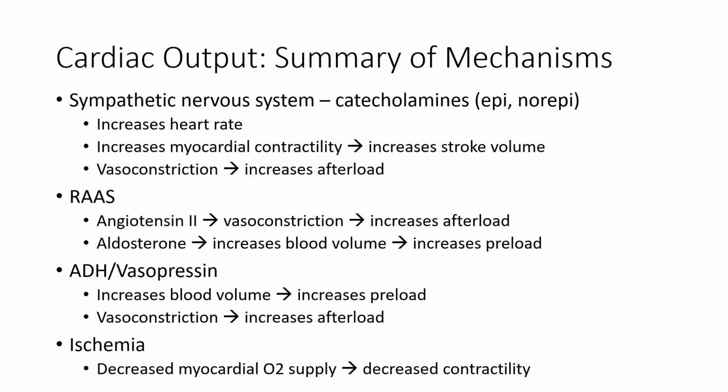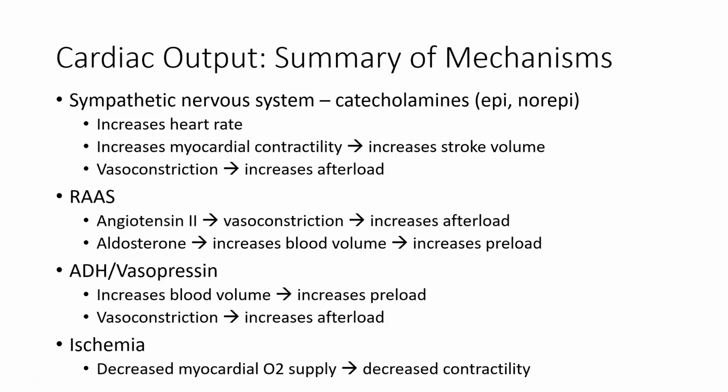So the sympathetic nervous system can increase cardiac output through increasing heart rate and increasing contractility. The sympathetic nervous system can also increase peripheral vascular resistance through vasoconstriction. And so this will increase our afterload, or how hard that ventricle has to pump to get that blood out into the periphery.